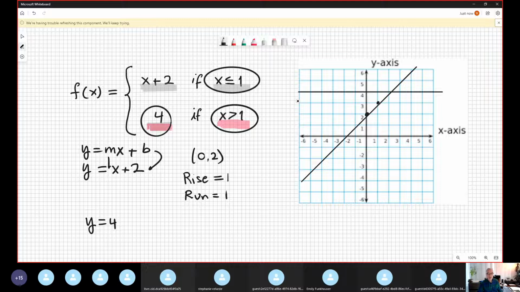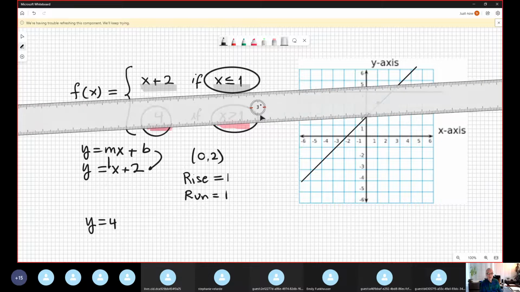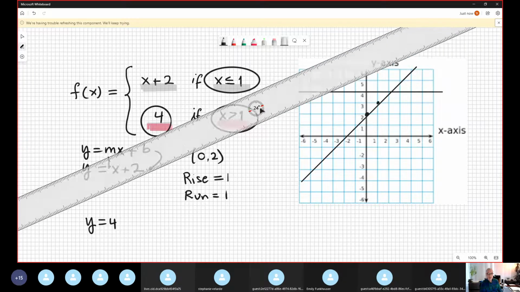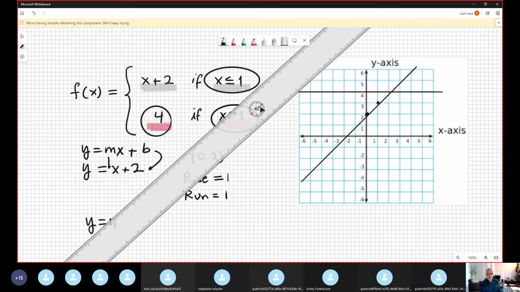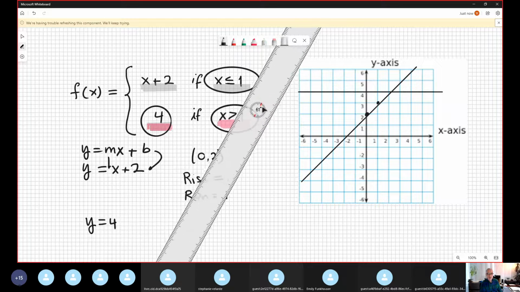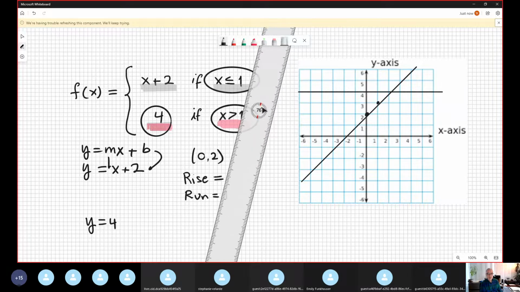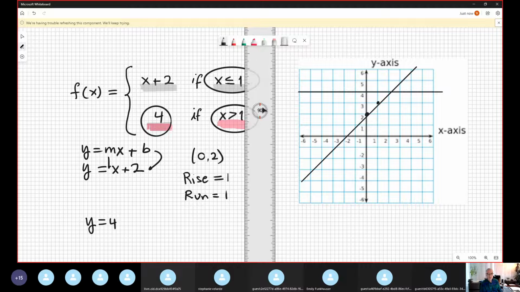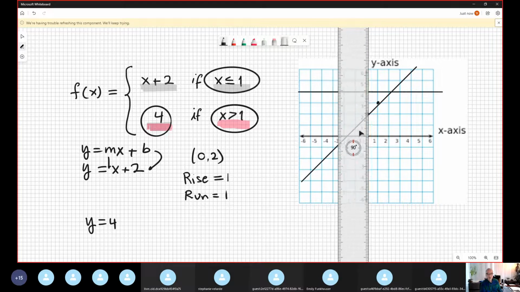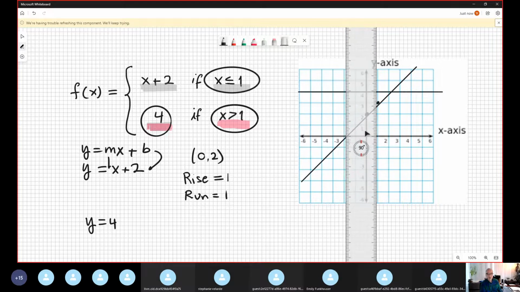So before 1 happens one situation, after 1 happens another situation. Therefore, x equal 1 represents the vertical line, 90 degrees, passing through 1. Let me use in this case a dotted line.